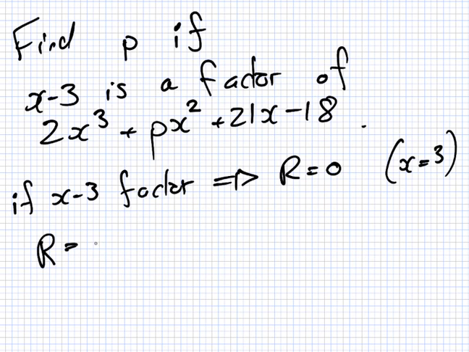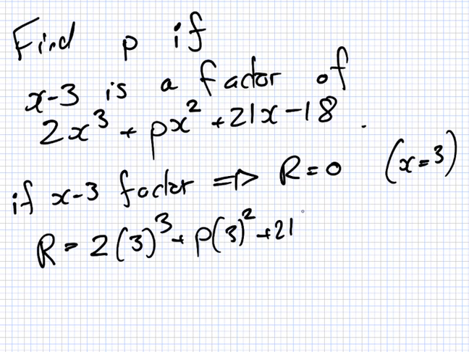If I put in 3, 3 cubed plus p times 3 squared plus 21 times 3 minus 18, what should that equal? 0, because it's the remainder, which should be 0.